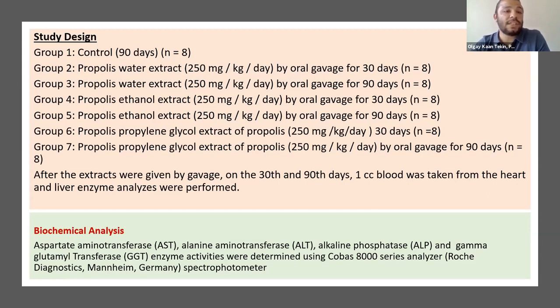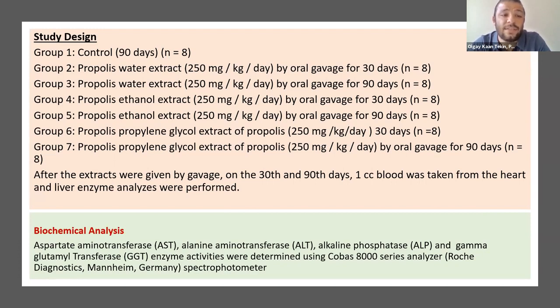Group 5, propolis ethanol extract, 90 days. Group 6, propylene glycol extract of propolis, 30 days. Group 7, propylene glycol extract of propolis by oral gavage for 90 days. Oral gavage in all groups.